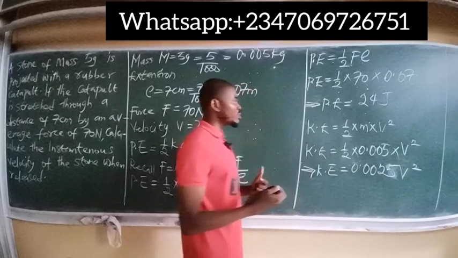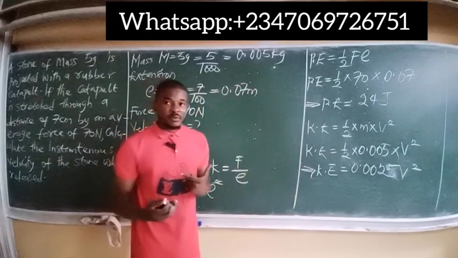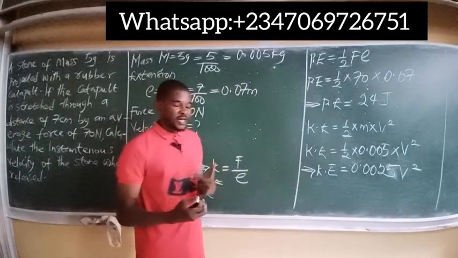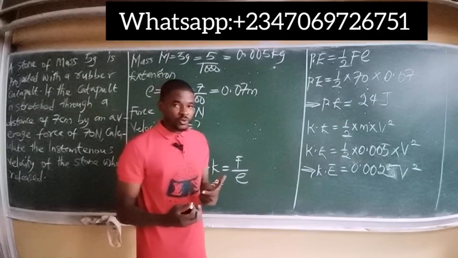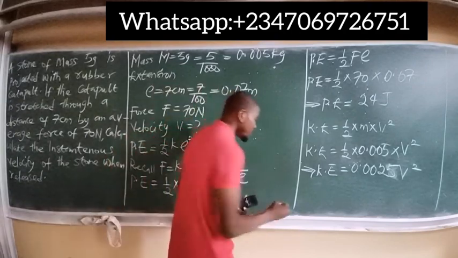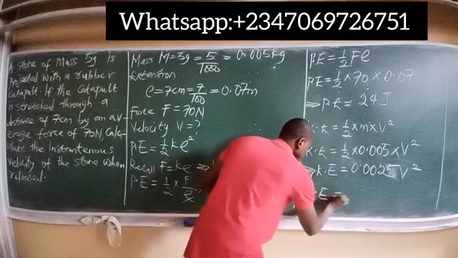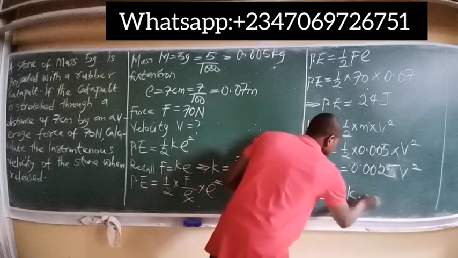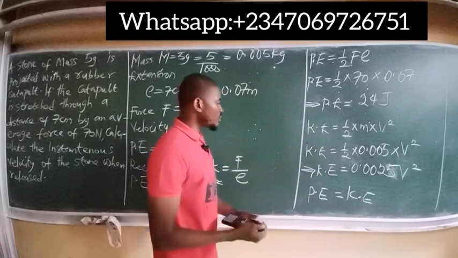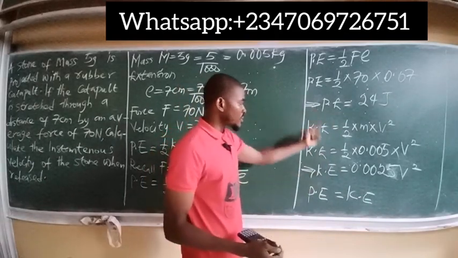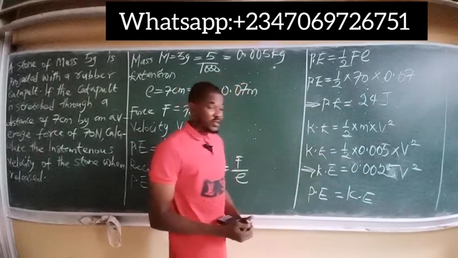Alright, so I said for equilibrium to be achieved, the elastic potential energy must be equal to the kinetic energy in the stone. So we equate these two values we obtained for potential energy and kinetic energy.